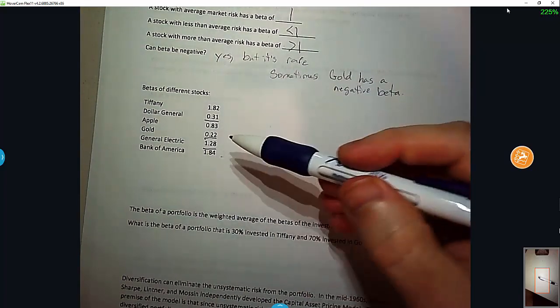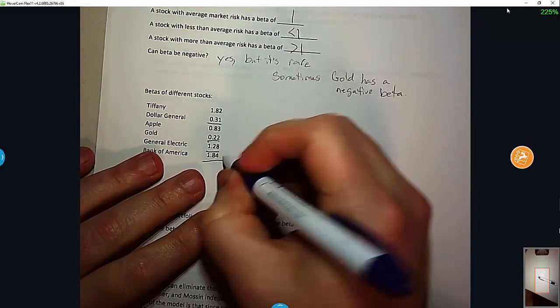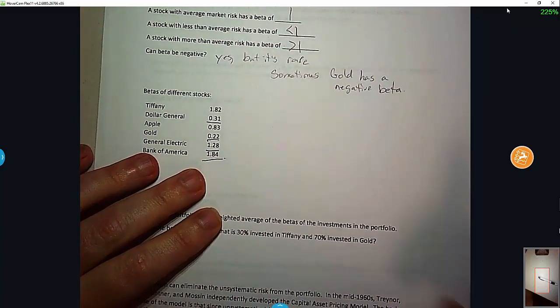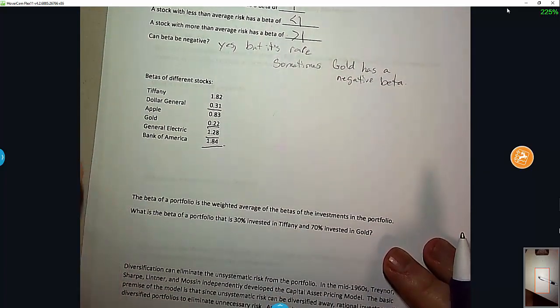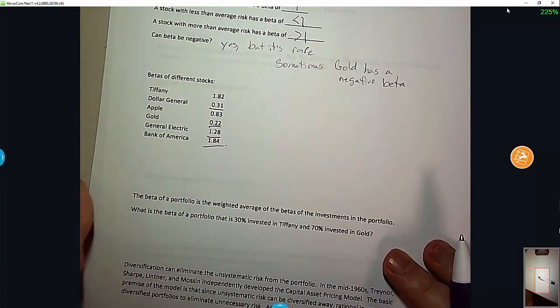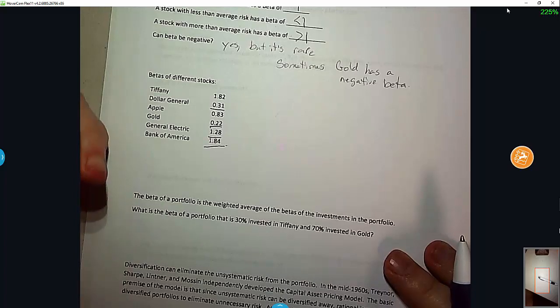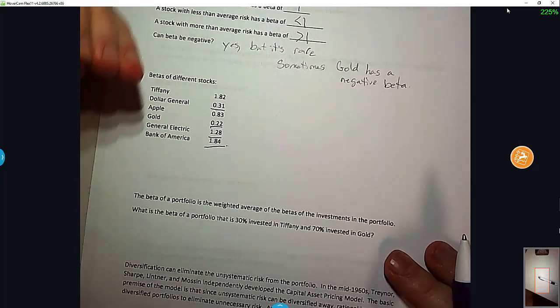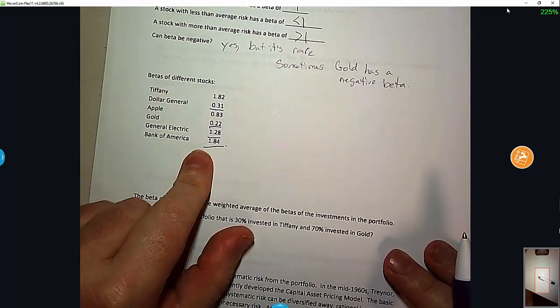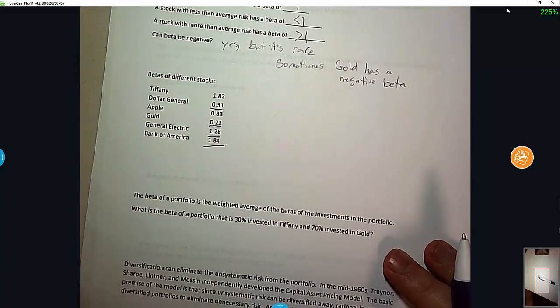And then Bank of America, a very large bank, also has a very high beta, and that makes sense. Bank of America does well when the economy does well because they lend out money, and they make a lot of their money by lending it out. Whenever the economy is doing well, people borrow more money to engage in business and to increase the size of their company because people are buying their goods.